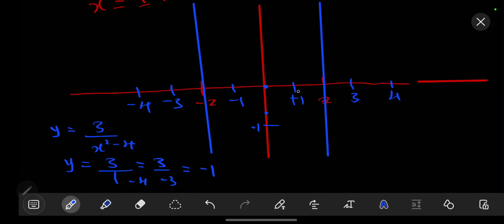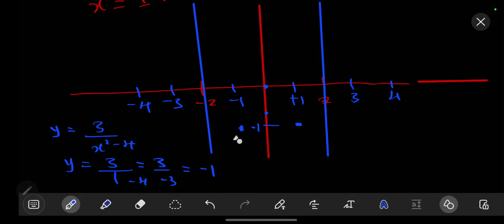So if I put a 1 there, it will be negative 1 there. Now, since this is squared, even if I put a negative number in a square, it will still be positive. So the result will be the same. The graph will also be here at this point. So we can join them.